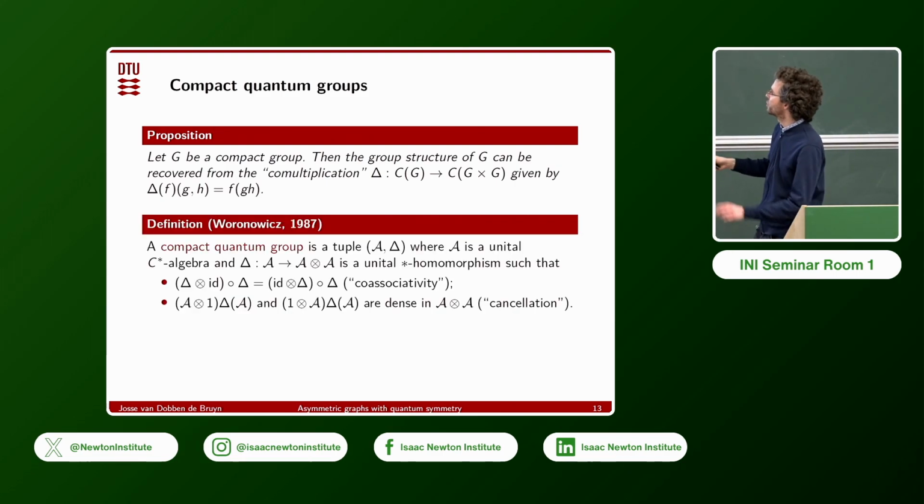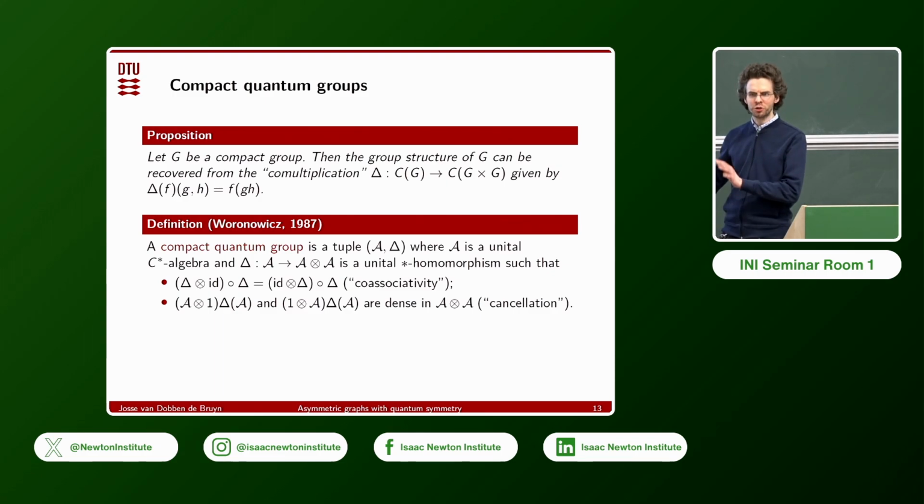And sort of inspired by this, Woronowicz defined a compact quantum group as a tuple consisting of a unital C-star algebra together with this co-multiplication map that satisfies certain properties. So there's this co-associativity and this cancellation property.